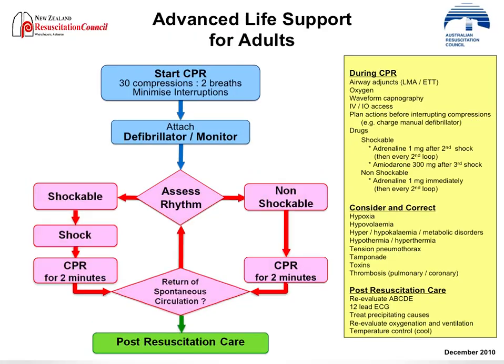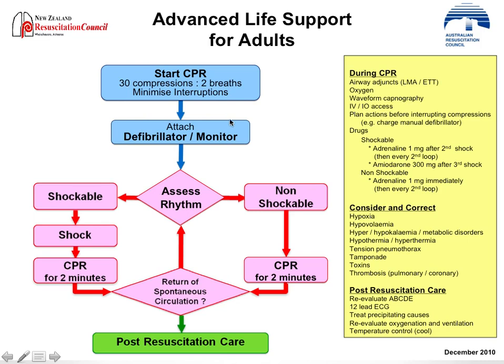Let's go back to the adult ALS algorithm and run through those briefly. Okay, you find a collapsed patient. You check for danger, you check for response, you send for help. Immediately start CPR. 30 compressions to 2 breaths. Get as much help as you can. When the defibrillator arrives, continue CPR and attach the defibrillator around you doing CPR.